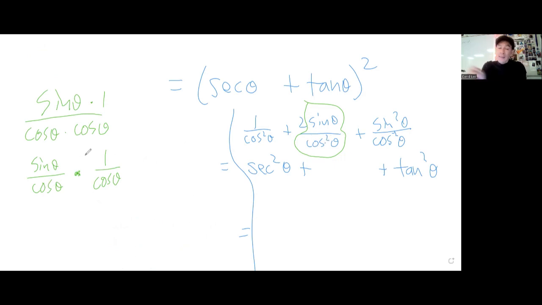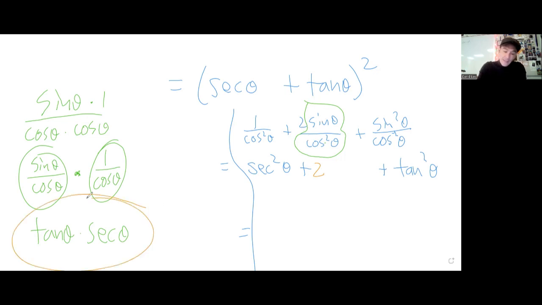That's exactly the same. Now, sine over cosine is tangent, and 1 over cosine is secant. That's the change I want to make as I go back to this middle piece. I have to keep the 2, which has been chilling there all along. But this green bubble gets replaced by tangent theta, secant theta.